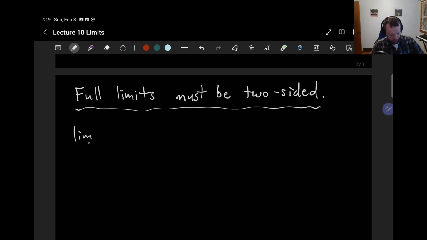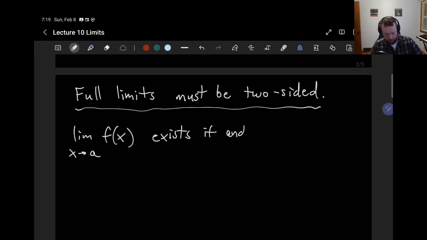In other words, when I write the limit as x approaches a of f of x, so no one-sided business, we say that this exists if and only if these one-sided limits agree.